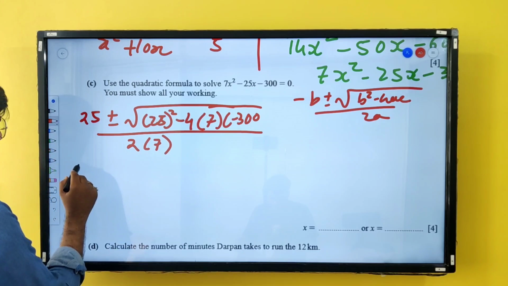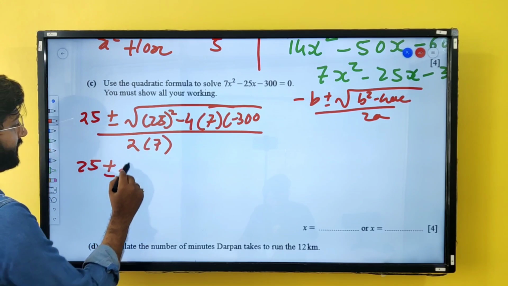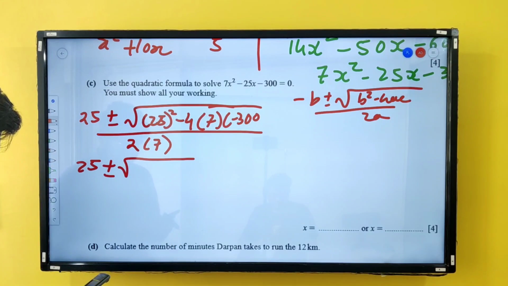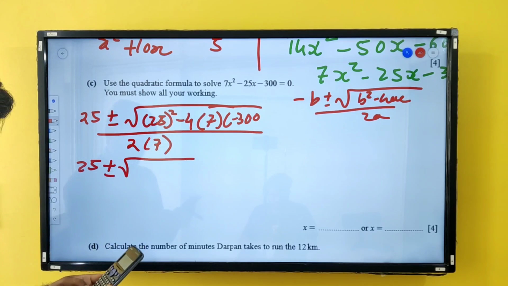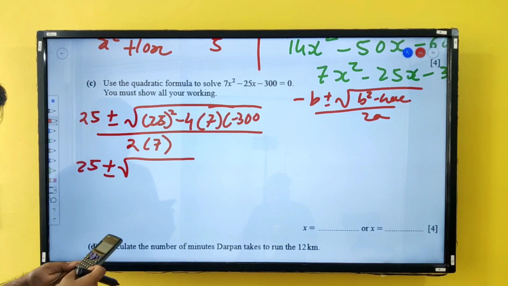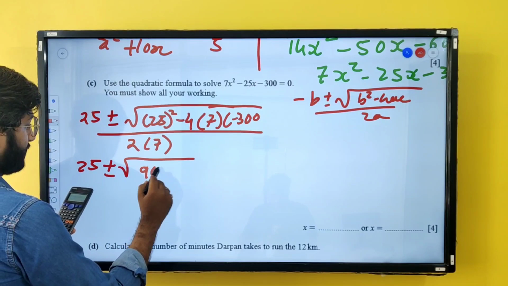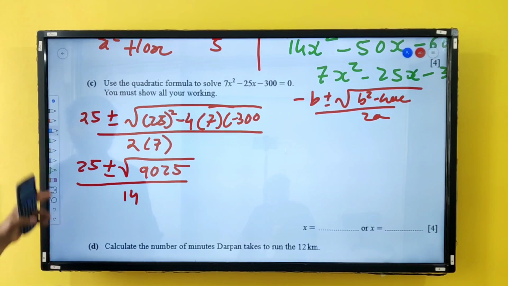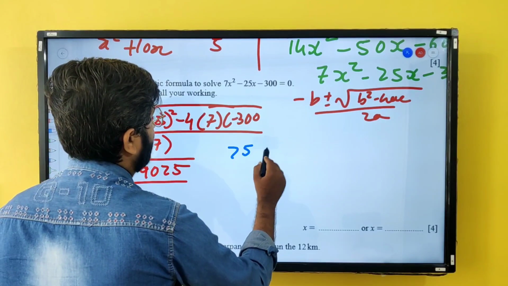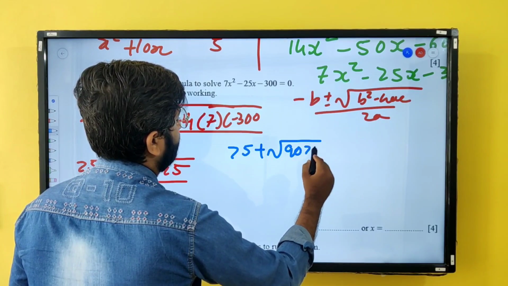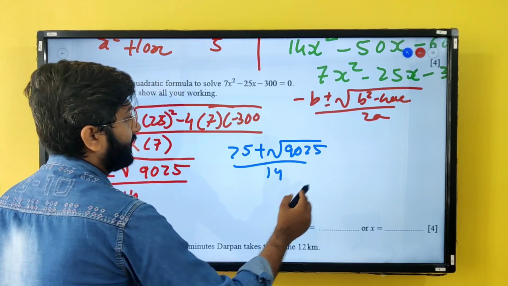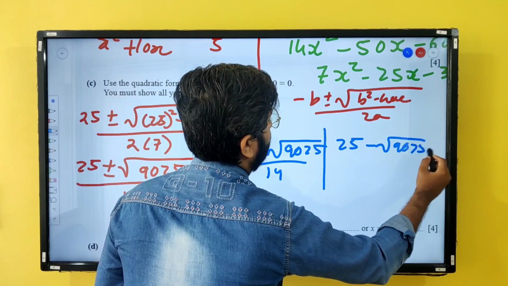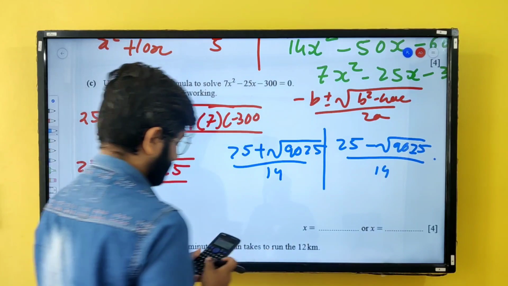So we have 25 plus or minus root of 25 square plus 4 into 7 into 300, which is 9025, upon 14. So my one answer is obviously going to be 25 plus under root 9025 upon 14, and my second answer is going to be 25 minus under root 9025 upon 14.